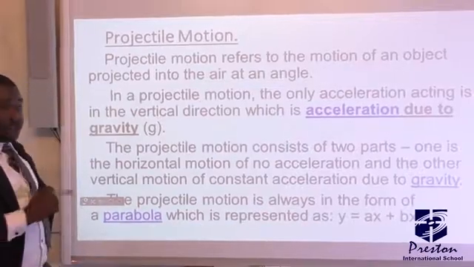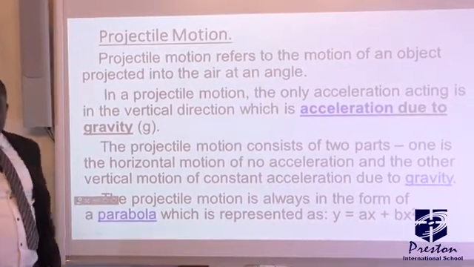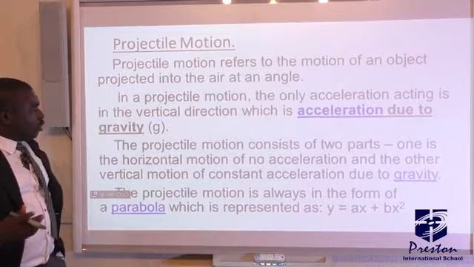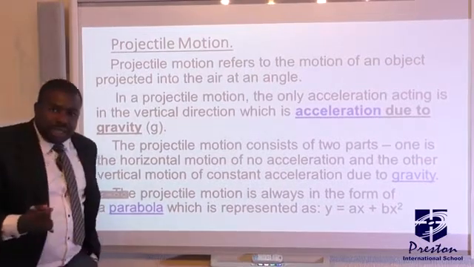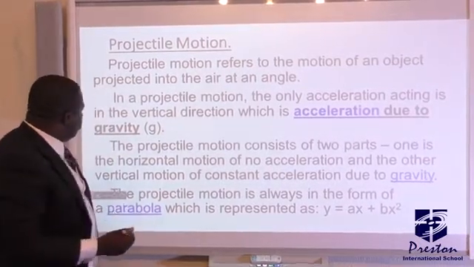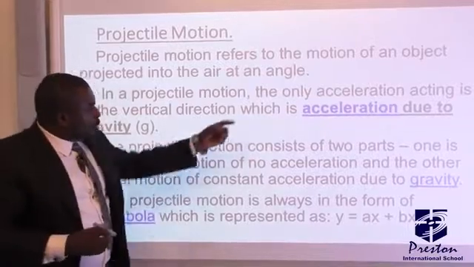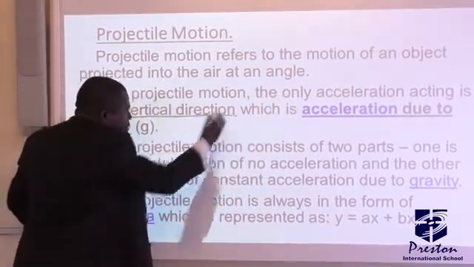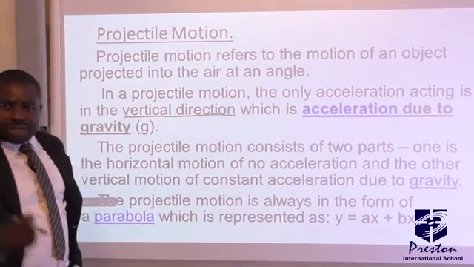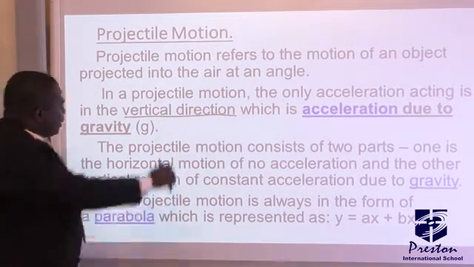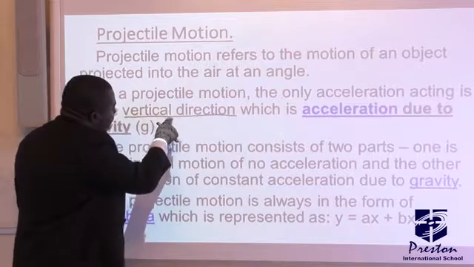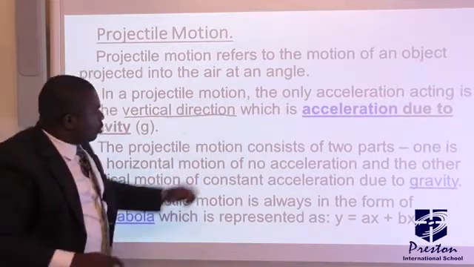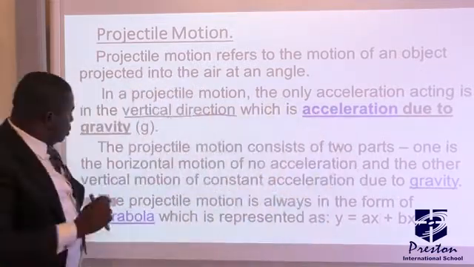And then let's see what projectile motion is. Projectile motion can be defined as the motion of an object projected into the air at an angle. In a projectile motion, the only acceleration acting is in the vertical direction, because we have horizontal direction and we have vertical direction, but the only acceleration acting in the vertical direction is acceleration due to gravity.